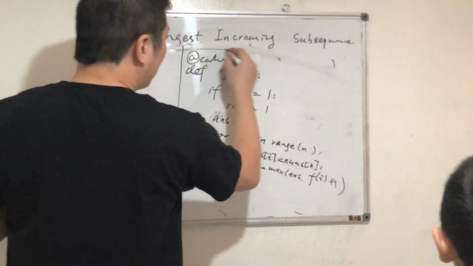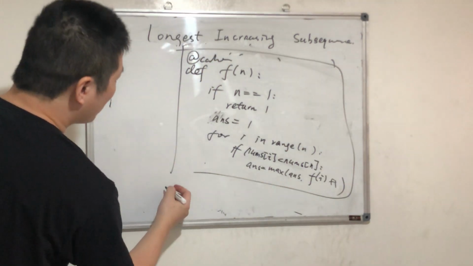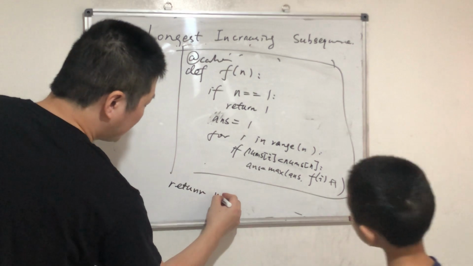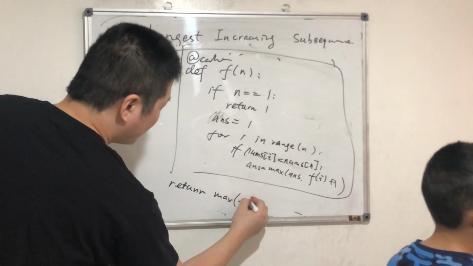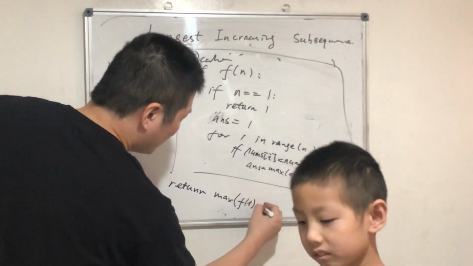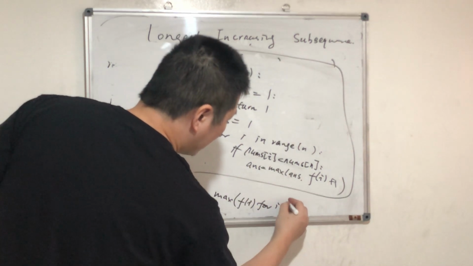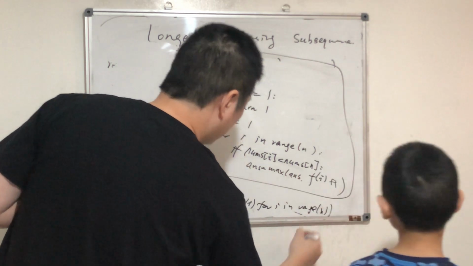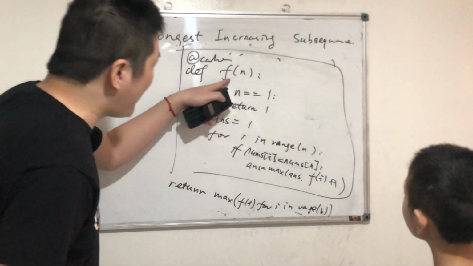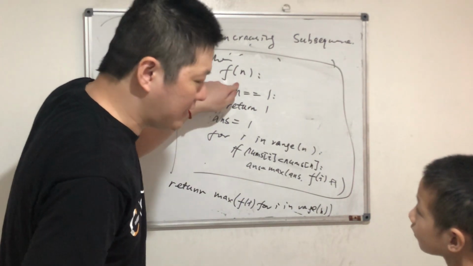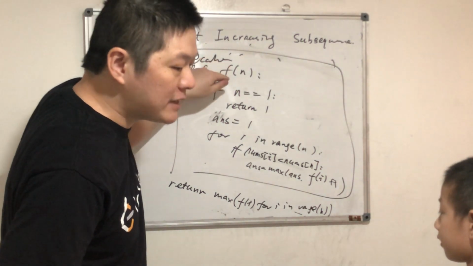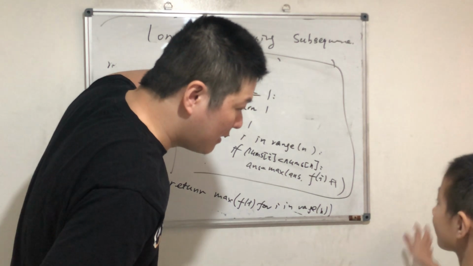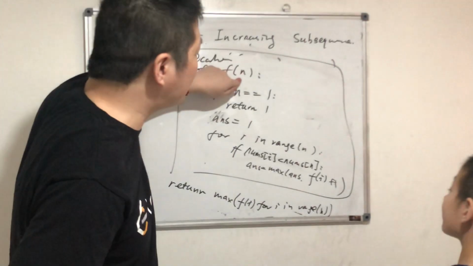Look, this is the procedure fn, and when we call it, we need to return the maximum of f[i] for i in range n. Because fn is the longest increasing subsequence that ends at the nth number, it's not the answer.